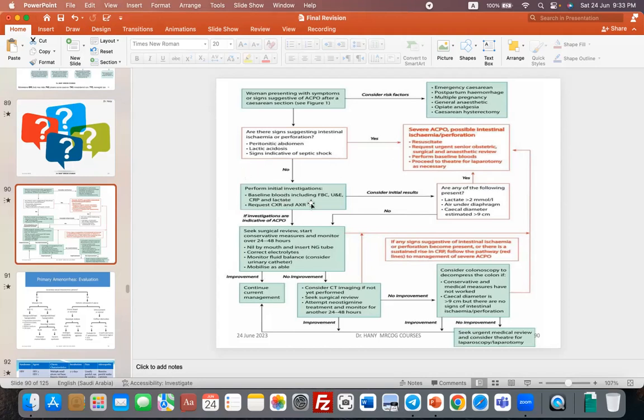Investigations are fine, chest X-ray only distension. So surgical review, nothing by mouth, electrolyte imbalance, fluid imbalance, mobilize the patient. Corrected, continue. Not corrected, CT and neostigmine for 24 hours. Corrected, continue. Not corrected, colonoscopy, decompression. Any emergency, put her in the theater.